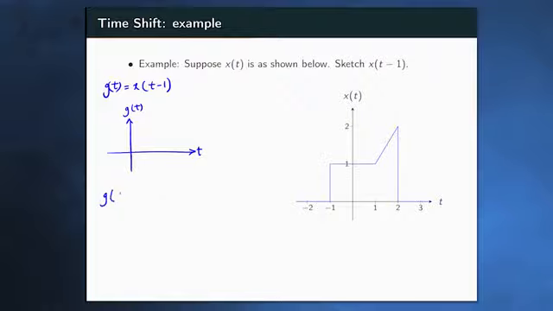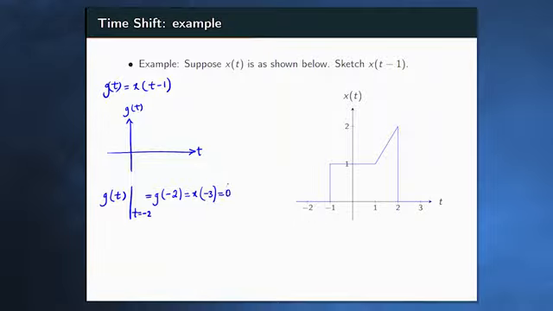So g of t at t equal to negative 2 is g of negative 2, and that's equal to x of negative 3. I'm looking at my graph of x of t, and I want to find the value of x of t at t equal to negative 3. And x of t at t equal to negative 3 is 0.